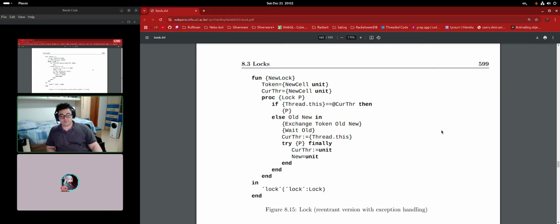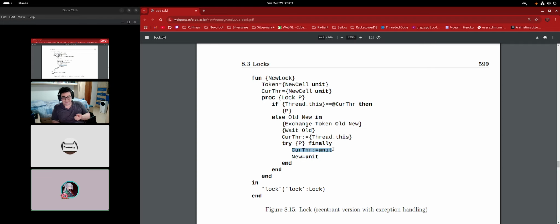And then what happens if you swap the current thread equals to unit and the new equals to unit? If you swap those, you are informing that you are done before getting out of the seat, so to speak. What can happen is the current thread can get preempted between those two lines.